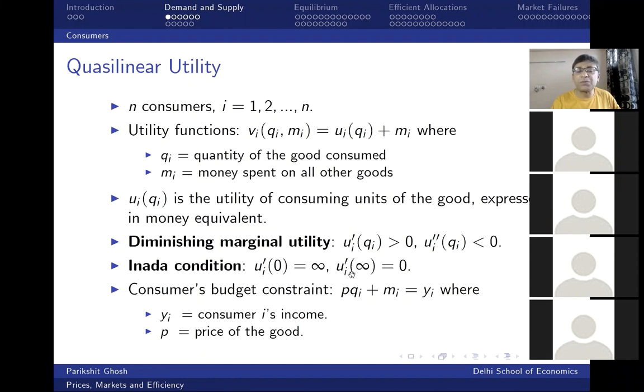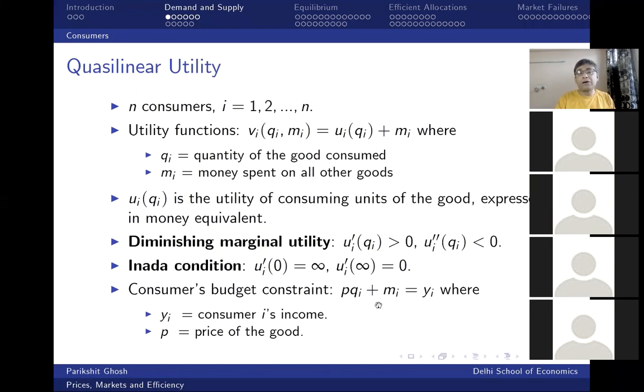And if I'm consuming very large quantities of bread, then my marginal utility is approaching 0. These Inada conditions and so on, they guarantee interior solutions, that the rational consumer will end up choosing some positive and finite amount, right? That's the purpose.